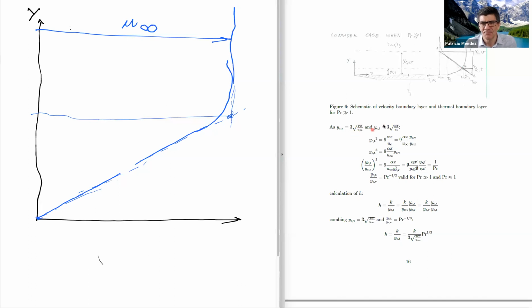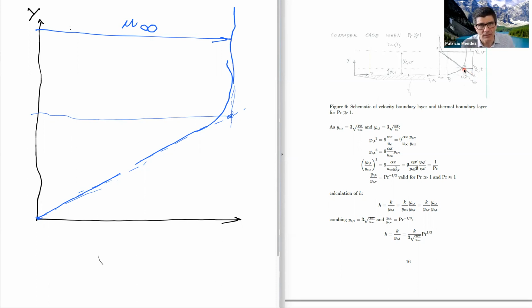And when we do it, we would say that the thickness of the thermal boundary layer would be now a factor of 3, not the square root of pi or 1.77. It is this factor of 3 that accounts for the gradients. And instead of being u infinity, as in the case of Blasius, it is going to be a characteristic velocity, this small velocity here, right?